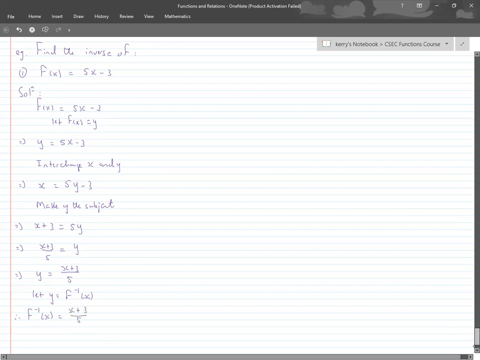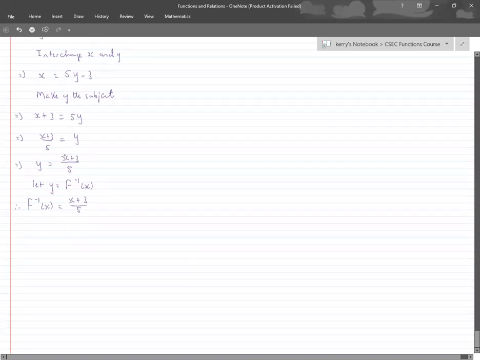Now, let's just break this down and figure out what this is. What this tells us is if we are given some output, this is the equation to find the input given the output. So f inverse is the name of the output, and this here is whatever the output is.